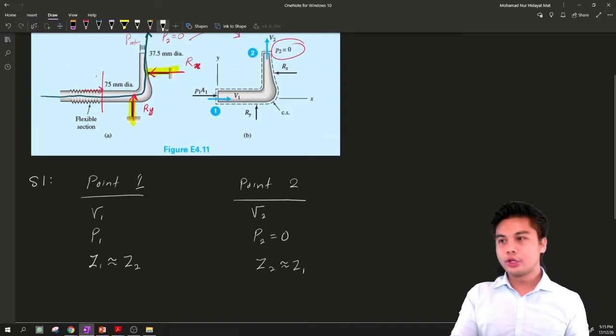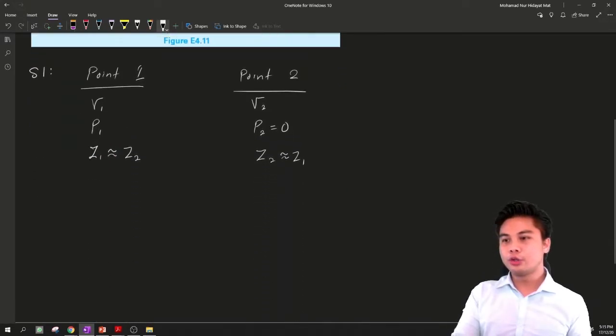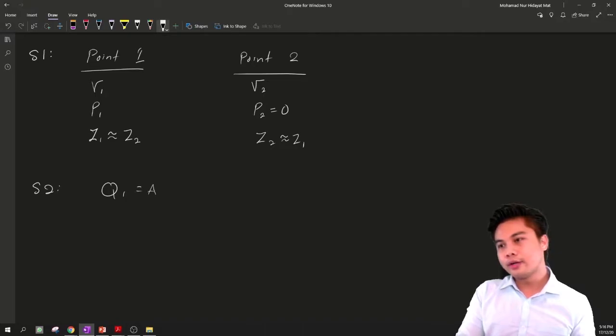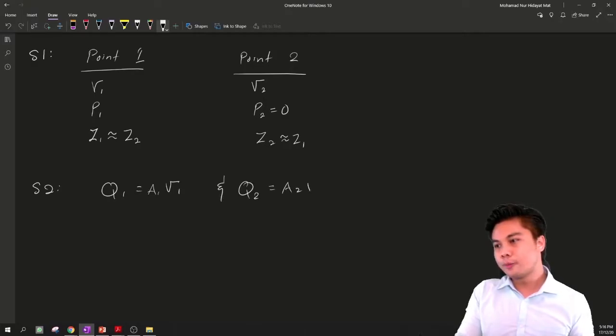In order to get the velocity, we need to use the continuity equation. Step number 2, we need to find the velocity based on the continuity equation, which is the volume flow rate: Q1 equal to A1 V1 and Q2 equal to A2 V2.